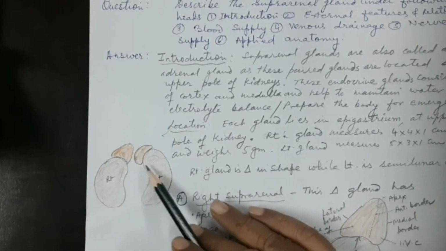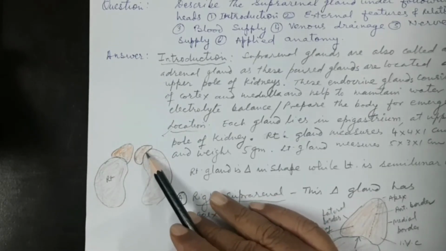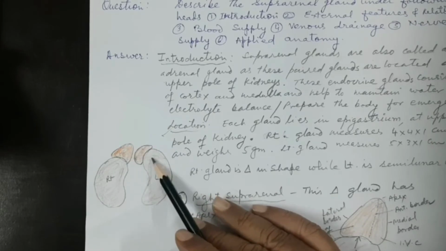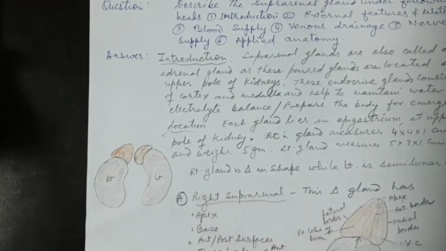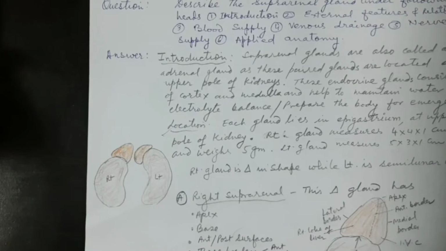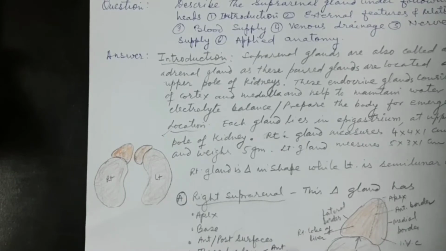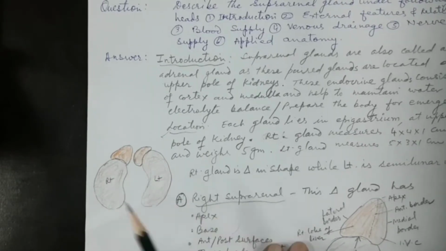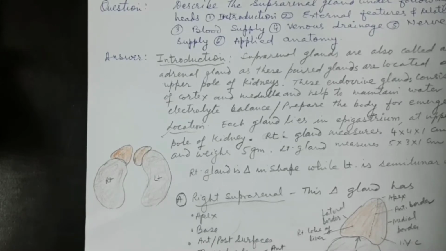But the left suprarenal gland, which is situated on the upper pole of the left kidney, is semilunar in shape. It is not triangular. That difference between the right and left suprarenal gland you should know. Now, after this brief introduction and location of the right and the left suprarenal gland, let us come to the individual gland.